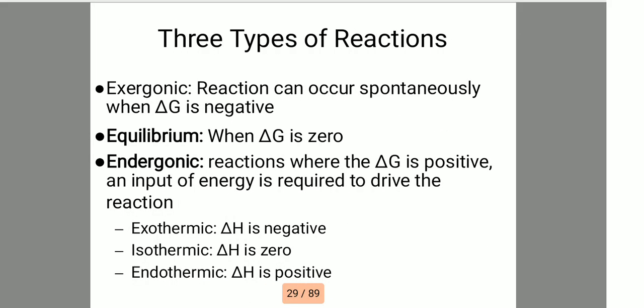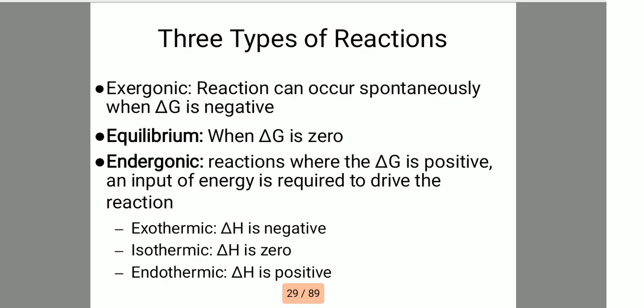Three types of reactions can occur. One: a reaction can occur spontaneously when delta G is negative. Then the reaction is called exergonic. If the delta G is of greater magnitude, the reaction undergoes completion and is essentially irreversible. Two: when delta G equals 0, the system is at equilibrium.